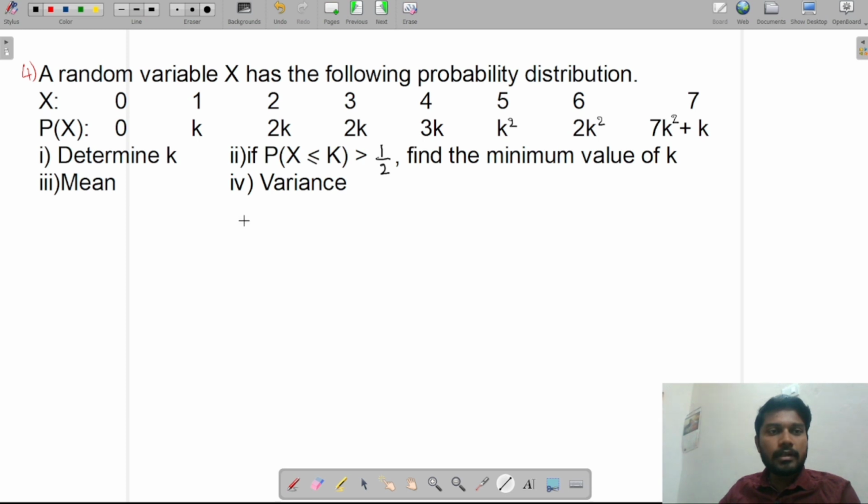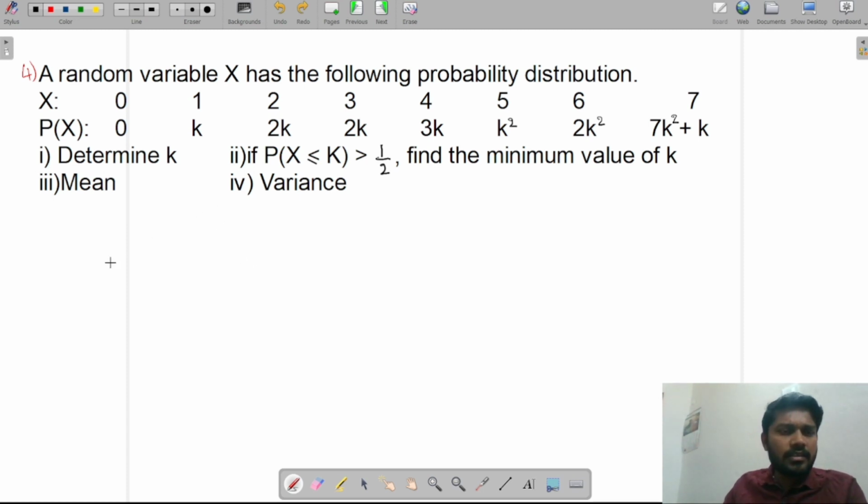Number 1, determine k. Number 2, if P of X less than or equal to k is greater than 1 by 2, find the minimum value of k. Number 3, mean. Number 4, variance.